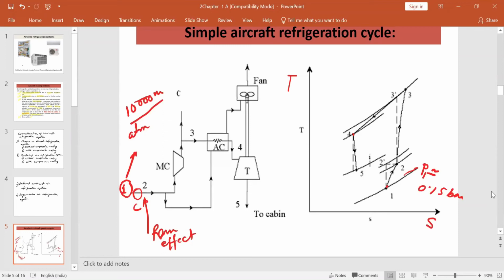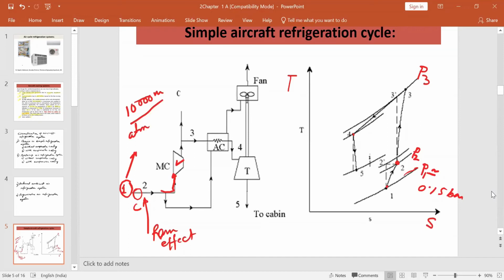After that, this air is now moved to the main compressor. This is the main compressor where the air is compressed heavily. Now you see, this is the 2 position here. Here the pressure is P2. This air is now compressed up to the pressure P3 in the main compressor.